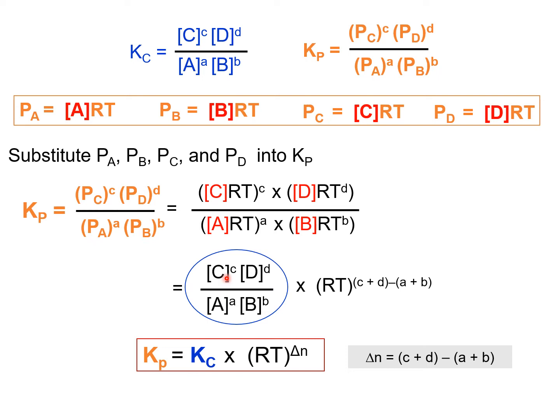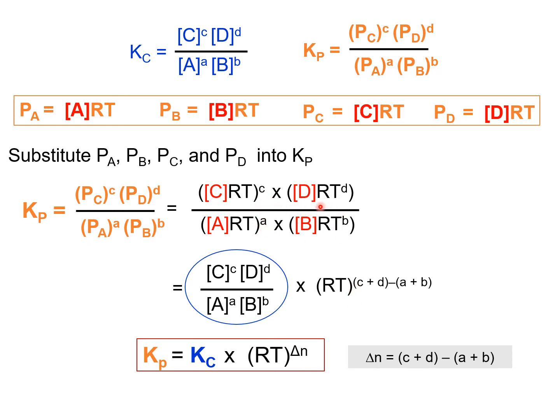So bila kita kumpulkan concentration of C to the power of C, concentration of D to the power of D divided by concentration of A to the power of A, concentration of B to the power of B, this one dia macam melibatkan matematik sikit lah. Bila you dah groupkan this one in one group, bila you nak kalikan sekali RT ni, dia tak akan hilang tau C, D, A and B ni.